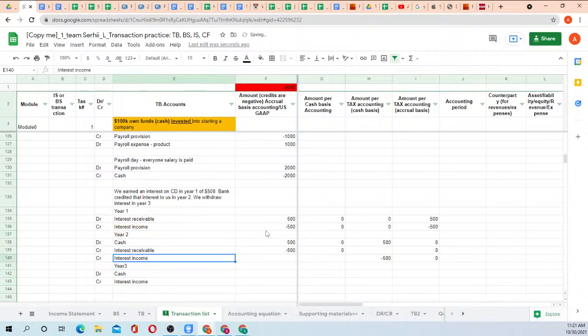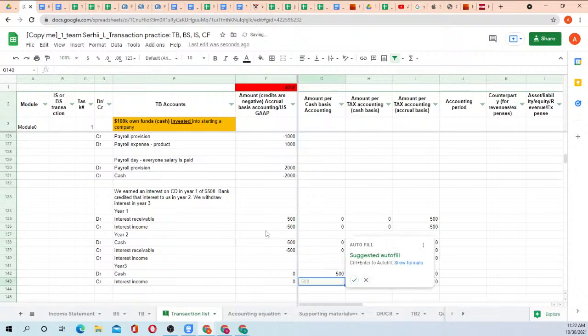Sorry, here, yes, interest receivable, interest income, all is correct. So this one will be zeros, zeros, zeros, and only here we get cash and we get interest income.